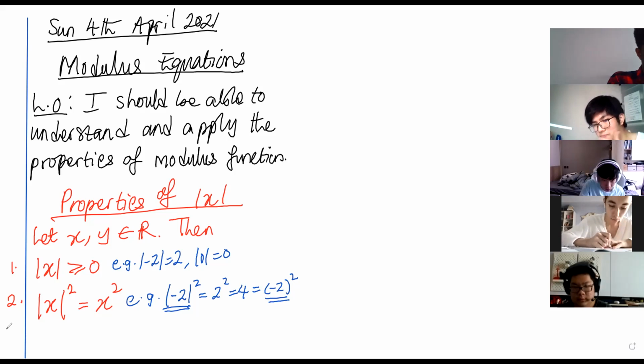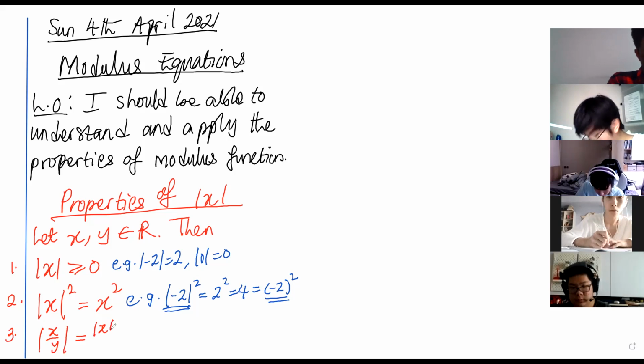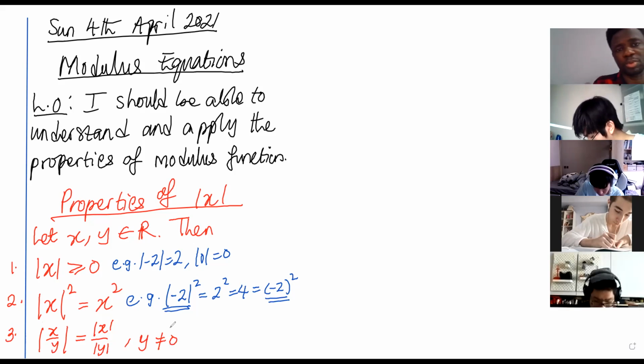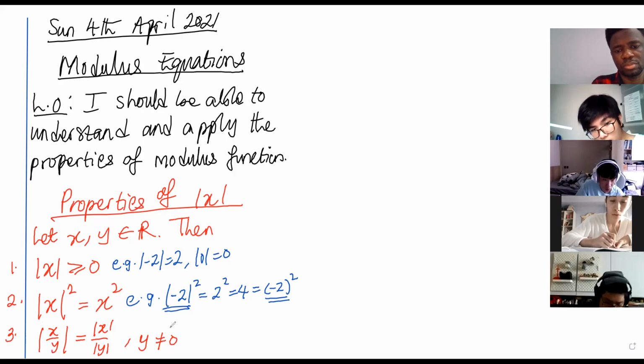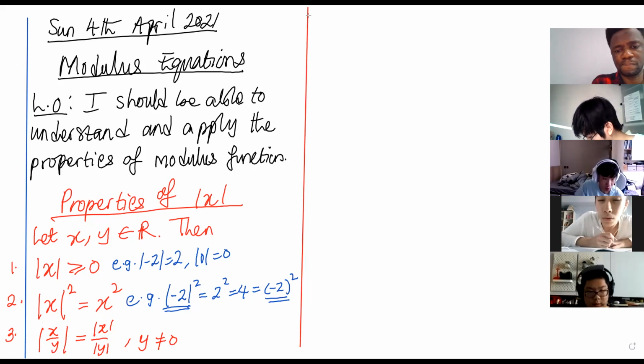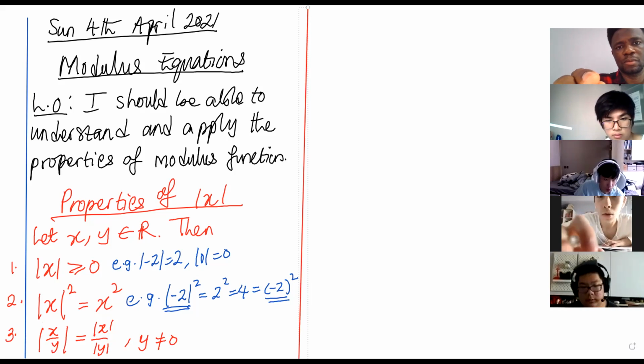Yes. Okay. We talked about fractions. The same as separating them, provided Y is non-zero. What happens when Y is equal to 0? Anyone? It's not possible.